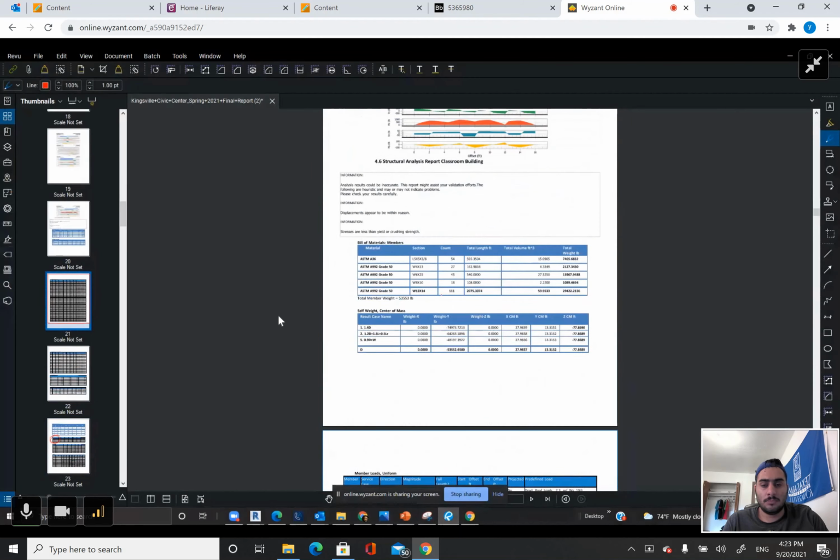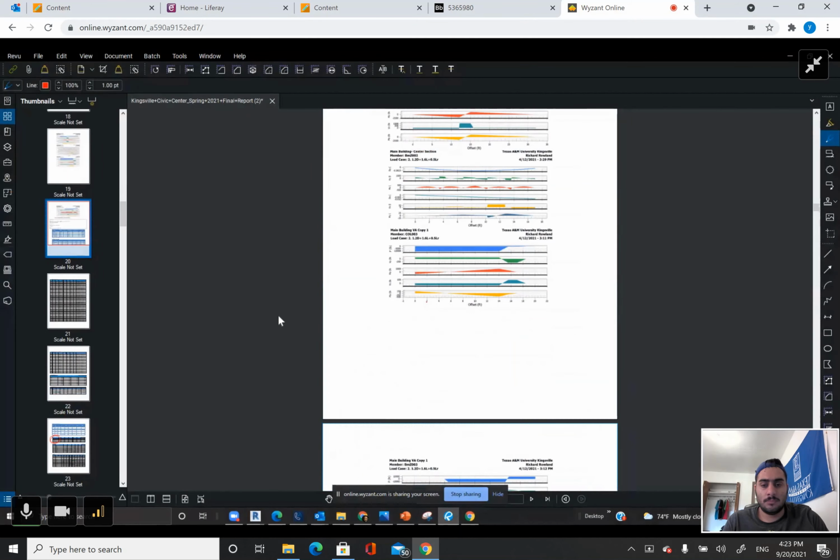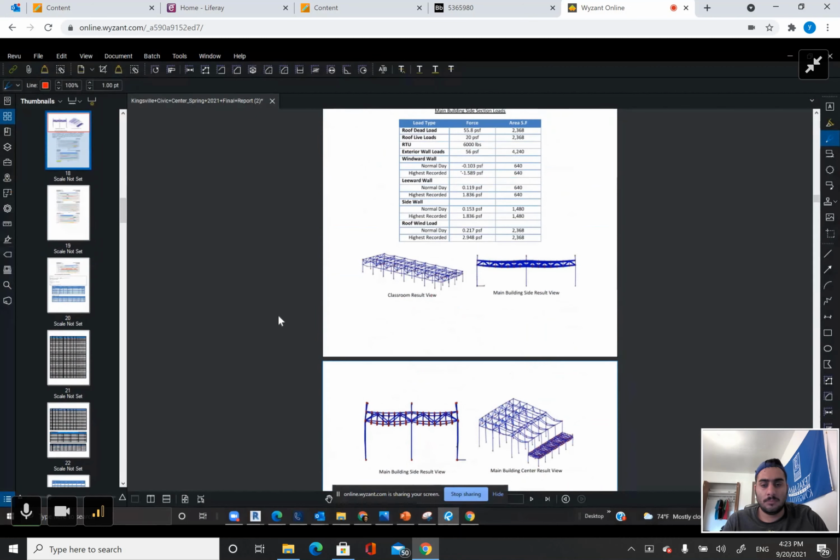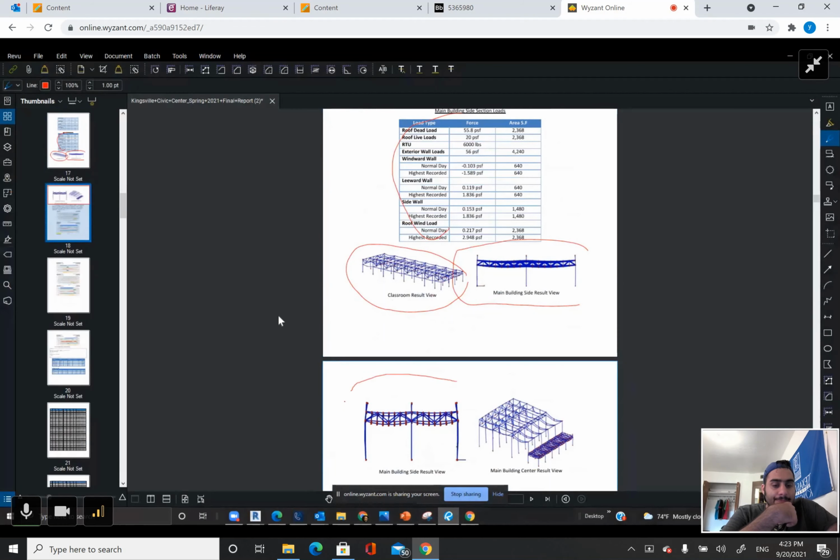But I'm not going to get into it because it seems so complicated at this point. But with this software, apparently, you can input all these loads and it'll do an analysis of the framing for you to make sure that the sizes you're assuming are correct.